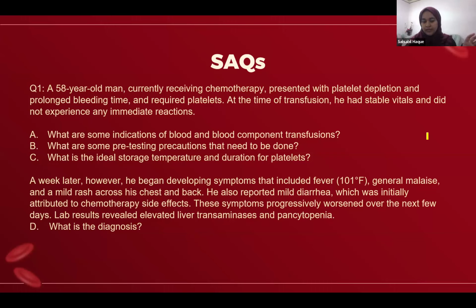Yes, so if I had to put it in two broad categories, that would be microbiological testing to test for any infections, viral, bacterial, whatever infections, and also immunohematological testing to check for the blood type, so ABO compatibility, Rh typing, cross-matching, etc. All of these have to be done before you transfuse someone with blood. Also, I'm sorry, this question is not structured right. I don't know why I wrote it like this. I meant to say, what are some pre-transfusion testing that needs to be done? Okay, sorry about that.